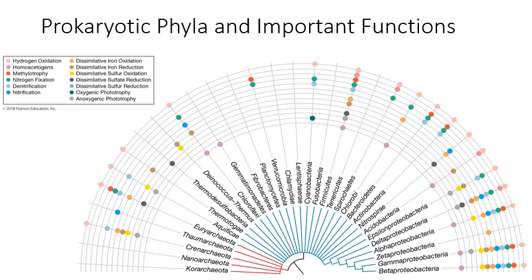So this diagram is showing you prokaryotes. In blue you have bacterial phyla, and then in red you have the archaeal phyla. These dots are all corresponding to different metabolic functions according to this key here. You can see that dots of the same color are always the same function, and those dots are widely distributed across phyla.